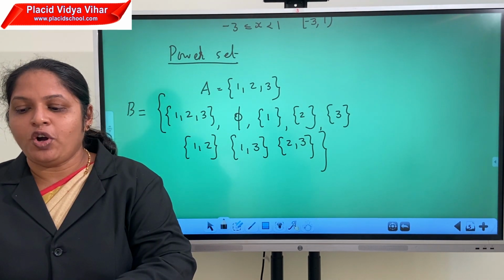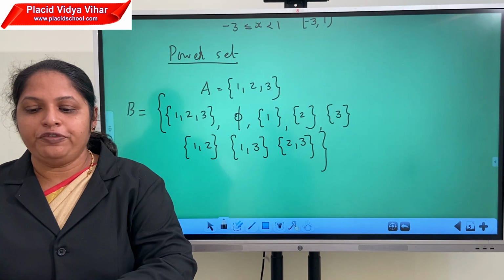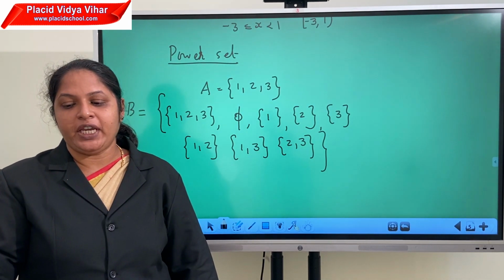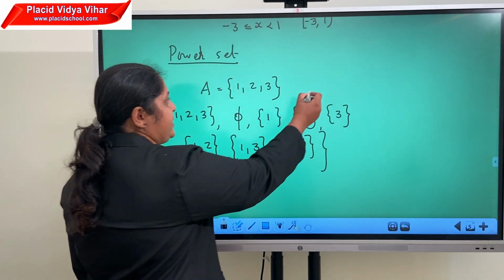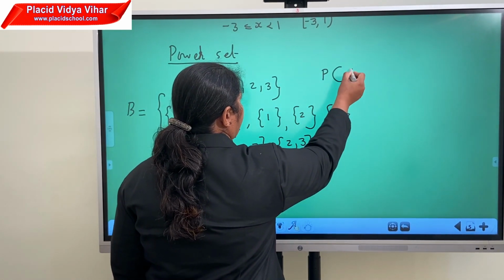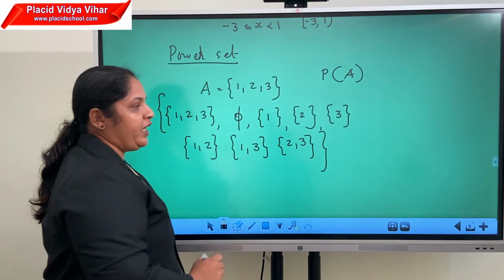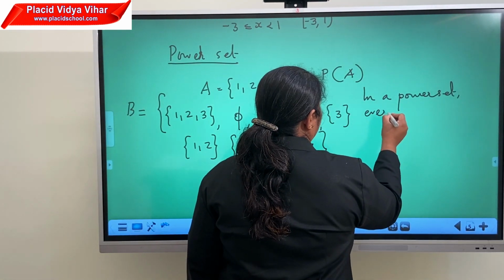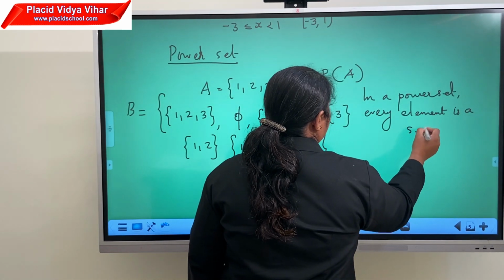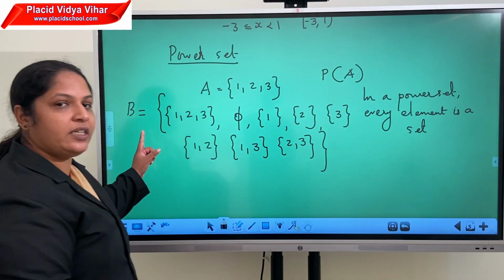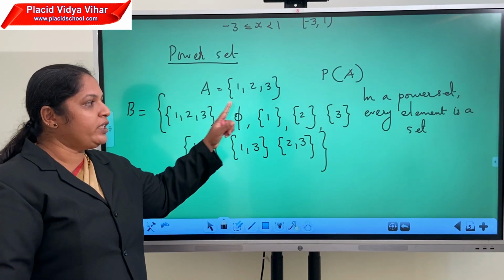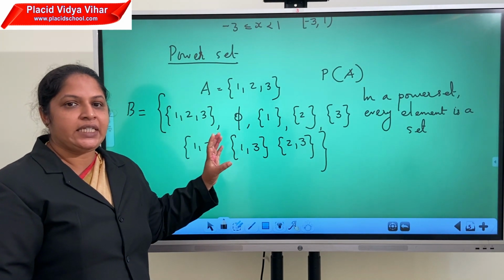The collection of all subsets of a given set A is called the power set of A, and it is denoted as capital P of A. In a power set, every element is a set. Look at this power set. Look at each element, all the elements are different sets.